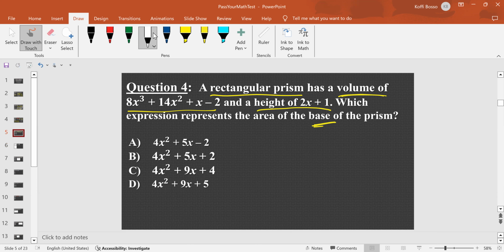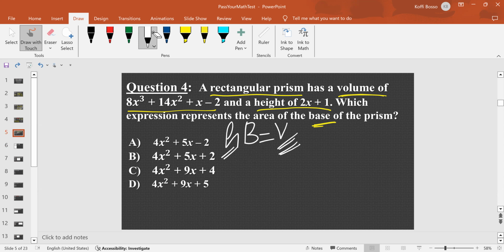The concept is that to find the volume, we need the base multiplied by the height. So if I take H and multiply this H by the base, I get the volume. That's the concept. Now in the question, they give you the volume. They also give you the height. And now we want to find the base in terms of your expression with x.